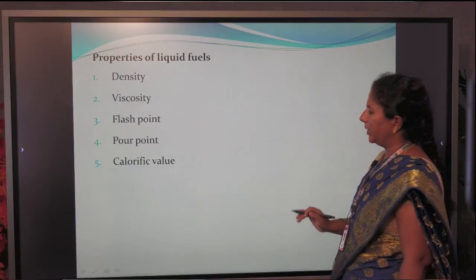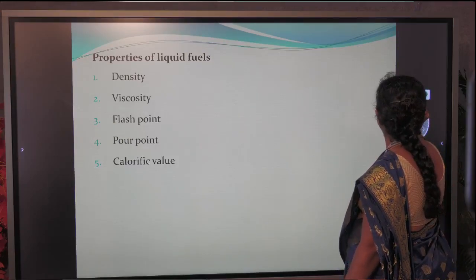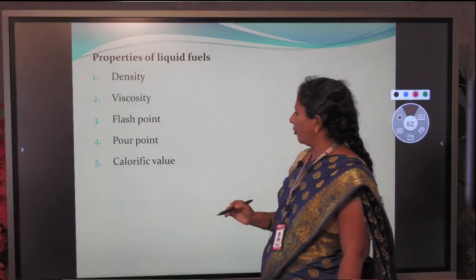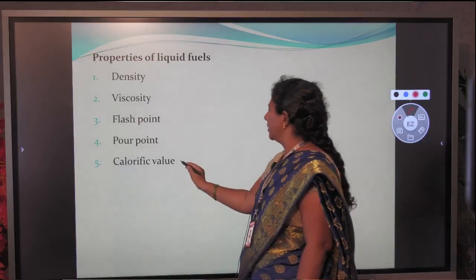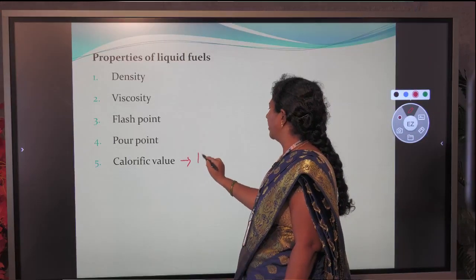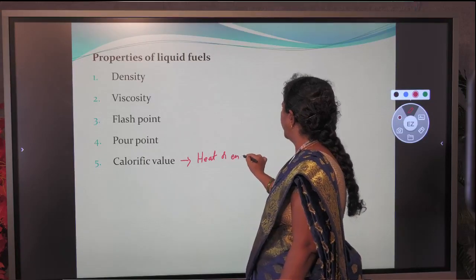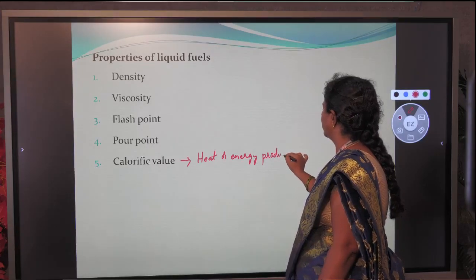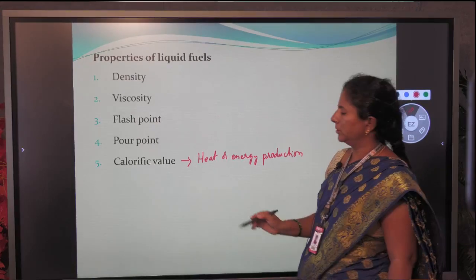And the next property is calorific value. As already we have discussed in the earlier videos, calorific value is the amount of heat or energy produced by burning unit mass of fuel. So that means it is production of heat or energy.